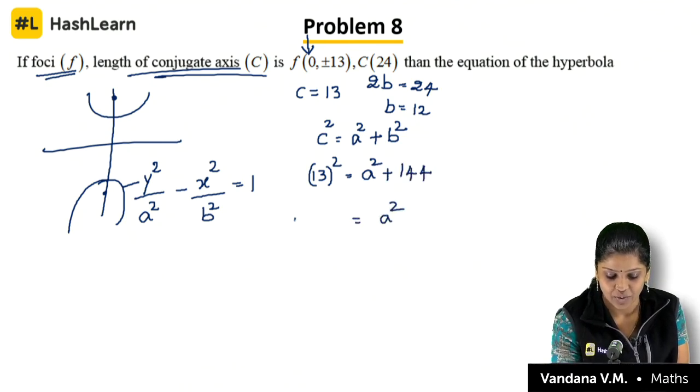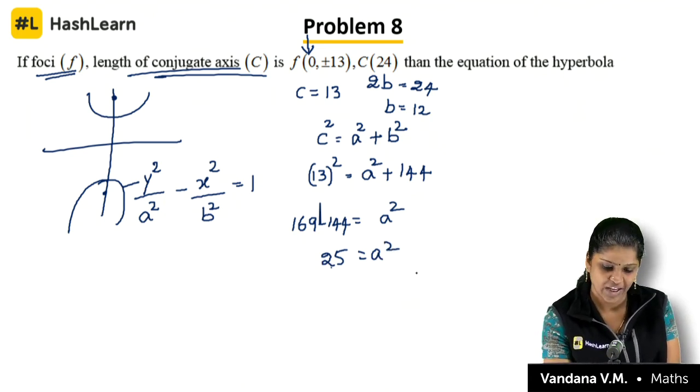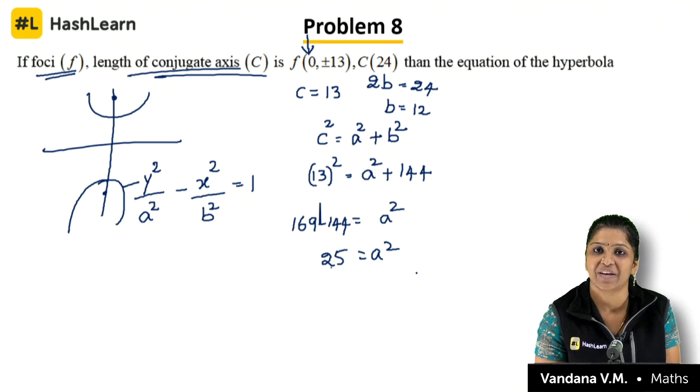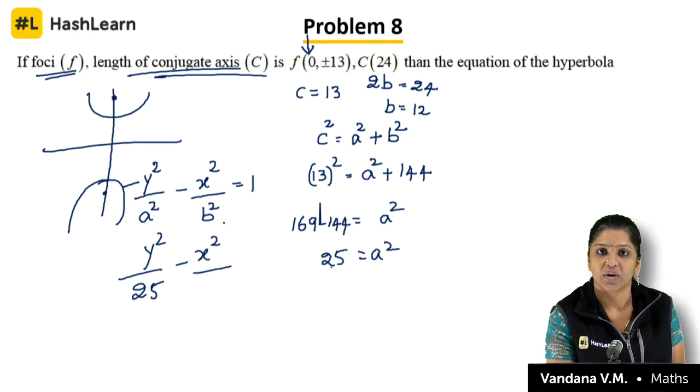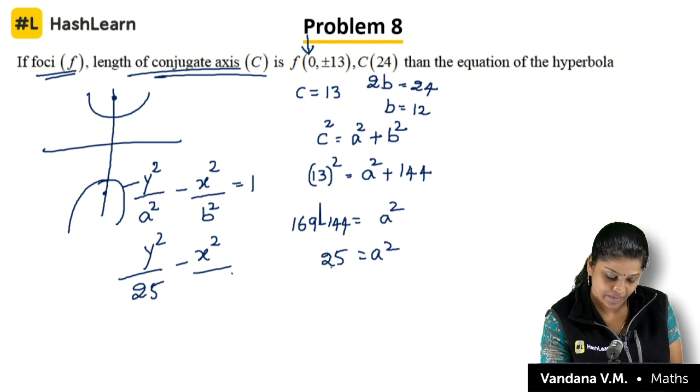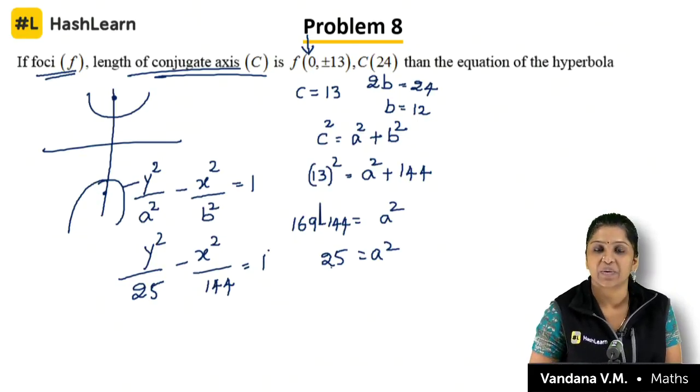A square is equal to 169 minus 144. So, how much will I get? 25 I will get. So, a value is not required, directly a square. I have to write only the equation, right? Y square by 25 minus x square by b square. What is your b square value? 144, is equal to 1. Is it clear to you? Yes. Next one.